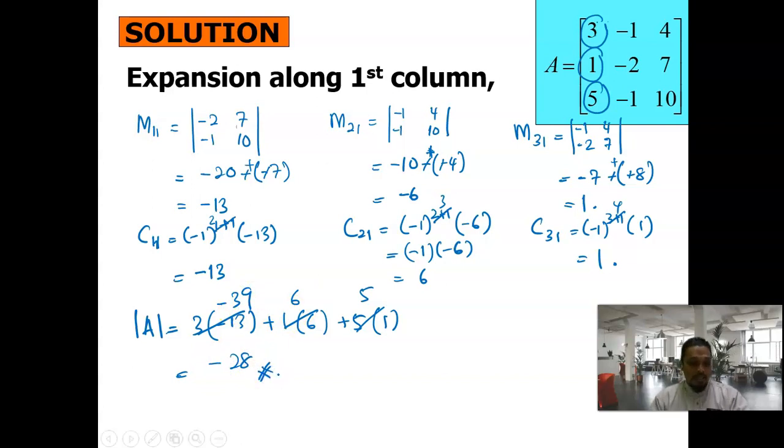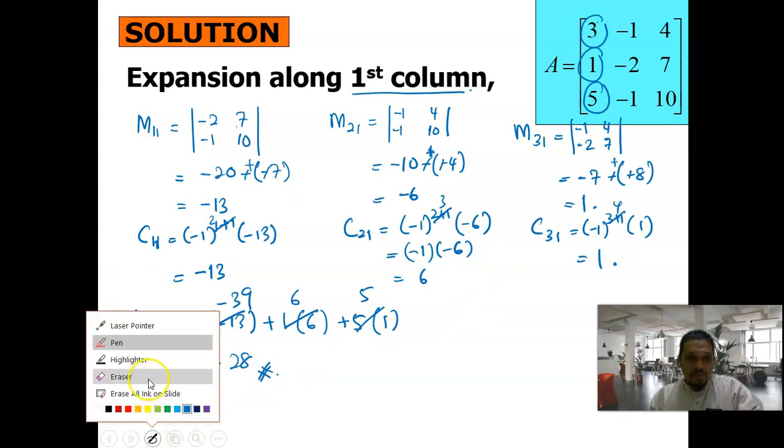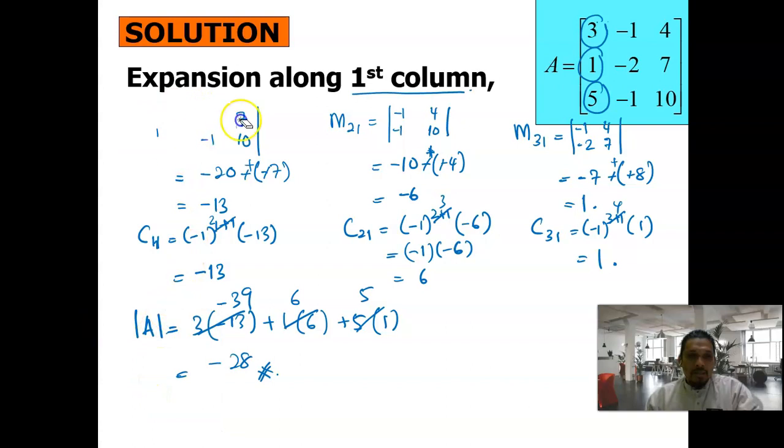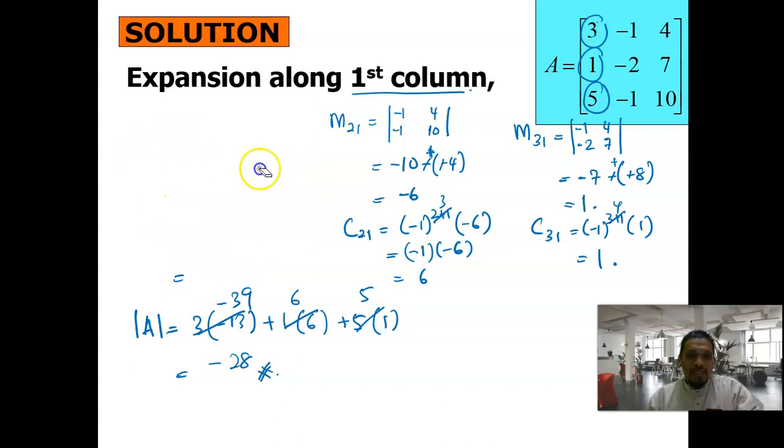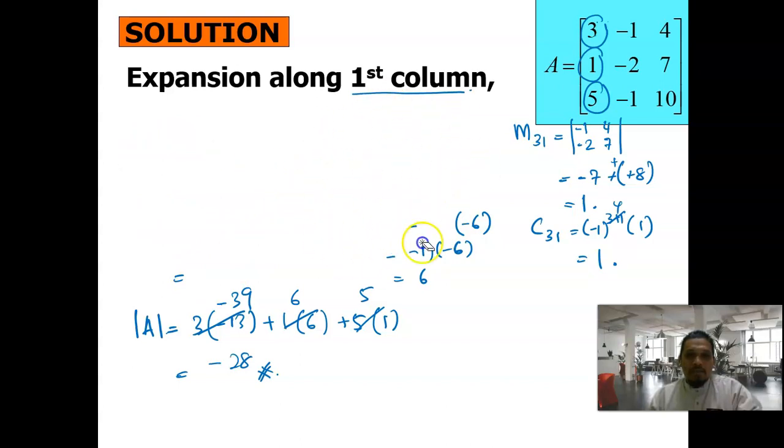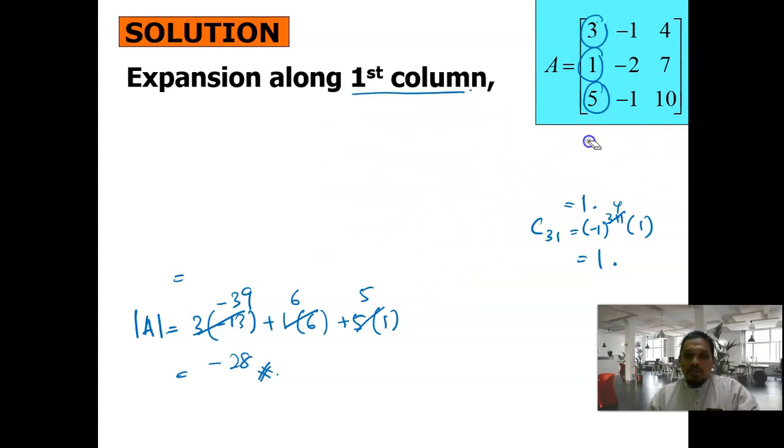Okay, class. This question specifically wants you to find the expansion along the first column. Let's spend time on this one, then change the question and see whether we will get the same final answer as in this first solution.